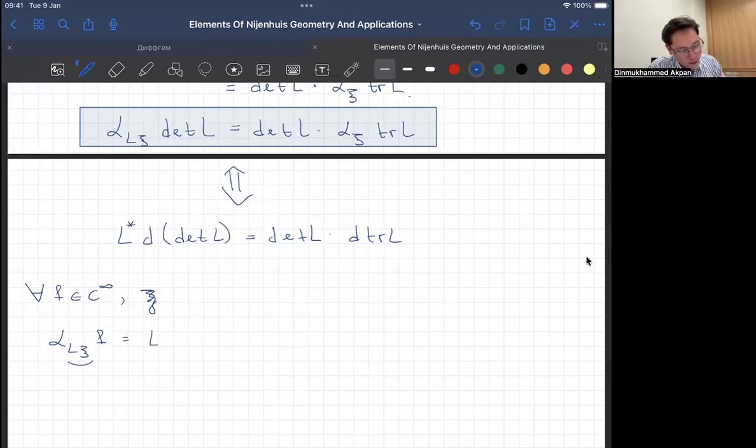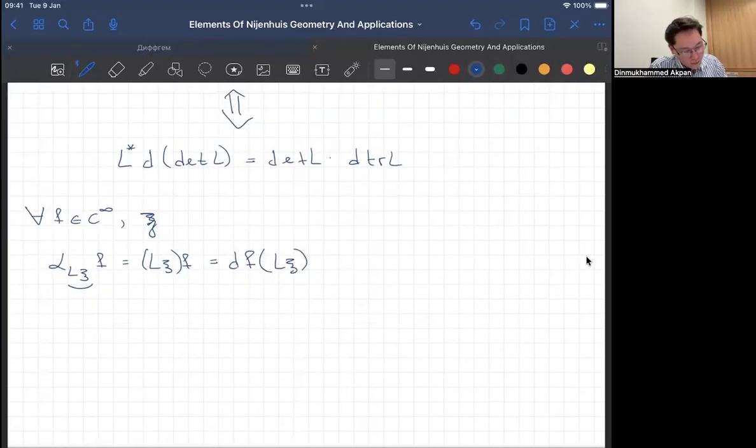So it's just L xi f, or in another way, it can be rewritten like this.